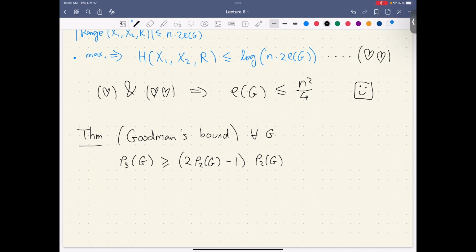So this function looks like 2x minus 1 times x.